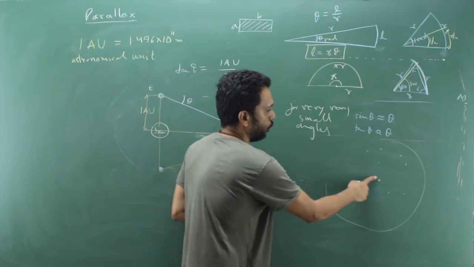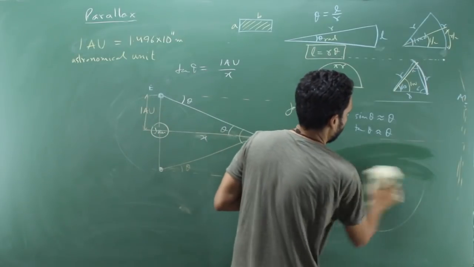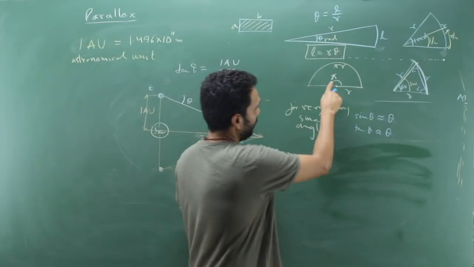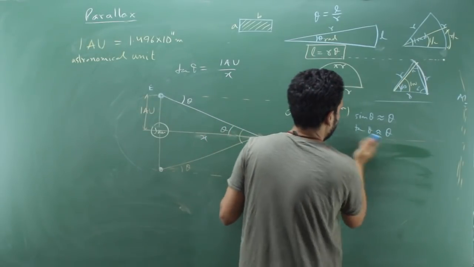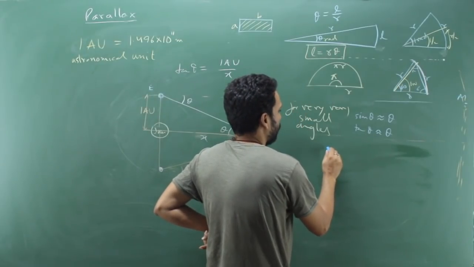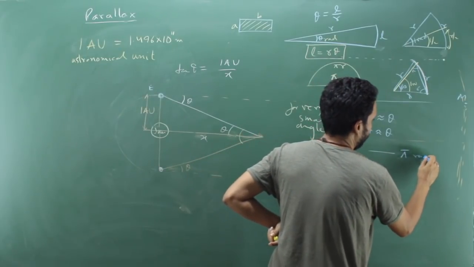First you should know the conversion between degrees and radians. Pi is a number, mind you. Pi is 3.14 something. 180 degrees is pi radians.